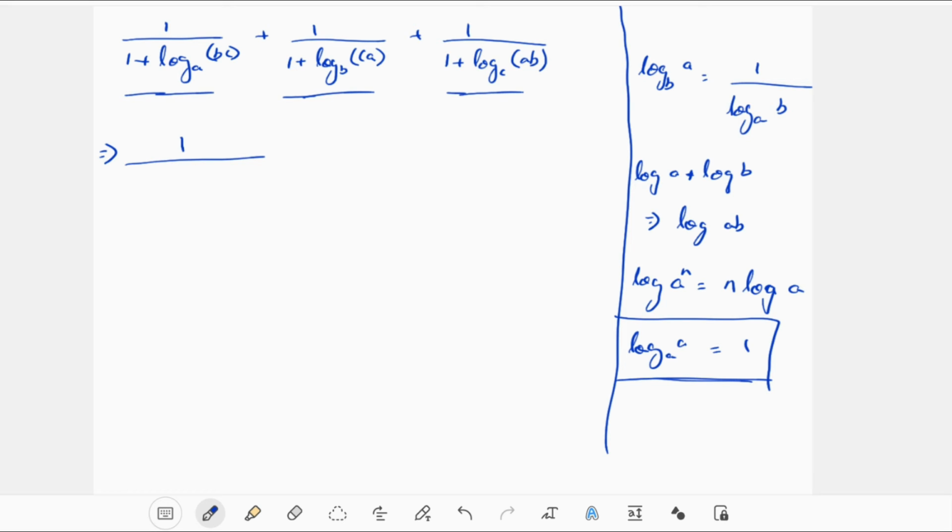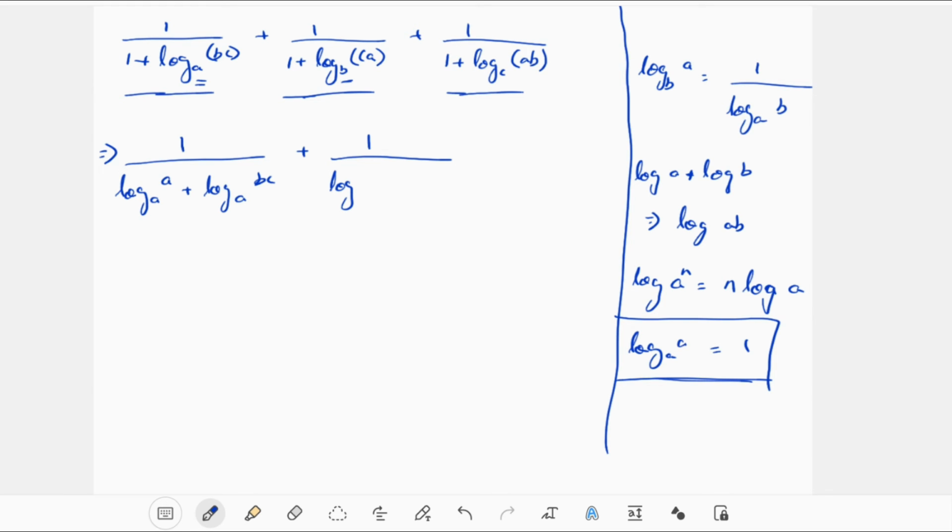If I see here, the second term is log of BC to base A. So I want to convert this 1 also into a log value having the same base A. So log of A to base A gives me that 1, plus log of BC to base A. Similarly, for the 1 in the denominator of the second term, I'm going to convert it into a log value having the same base as the next term.